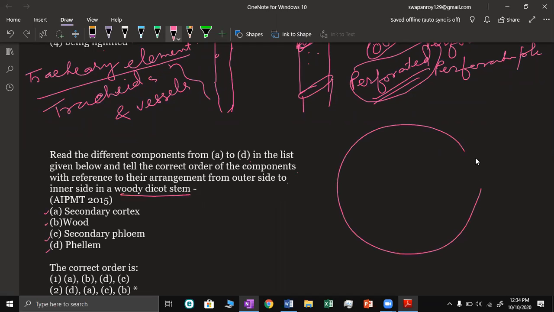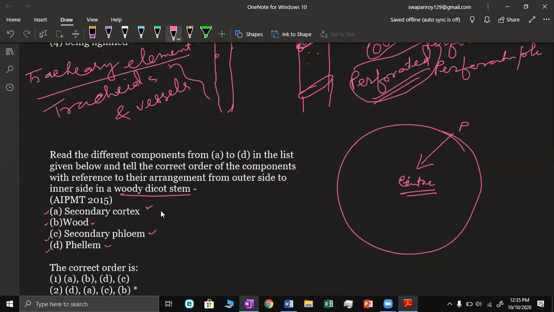In a stem, from outside to inside, that is from the periphery towards the center. What is the sequence? Here it is secondary cortex, wood, secondary phloem, and phloem.